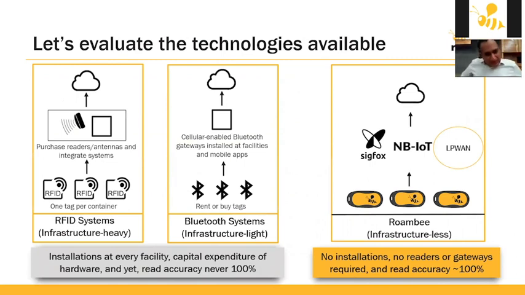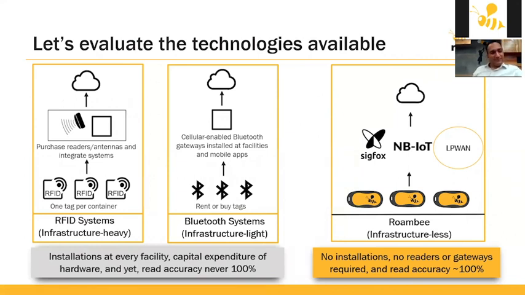We will begin with RFID. I know most of you are probably familiar with RFID systems because it's been there for probably about 2 decades now. But there are a lot of challenges with RFID, which is probably why it hasn't solved the problem as yet. And we are in 2019 still talking about getting a holistic fix to this problem.